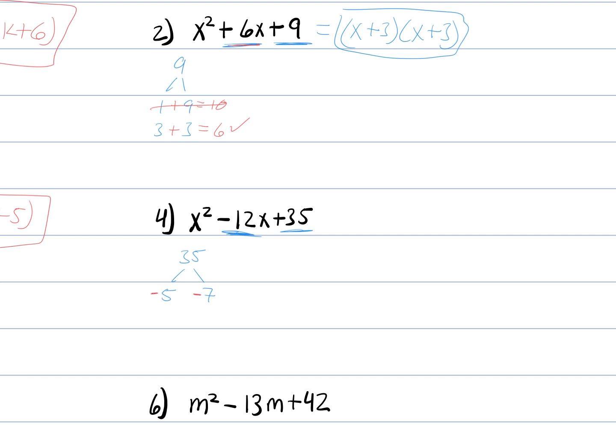The only way to get a positive from multiplying is if they're both negative or both positive. But since we're adding to a negative, that's what accounts for our sign difference. If you add these together, you get negative 12, and that is what we're looking for. So this trinomial is going to factor as x minus 5, x minus 7.